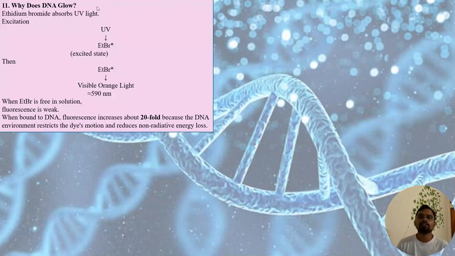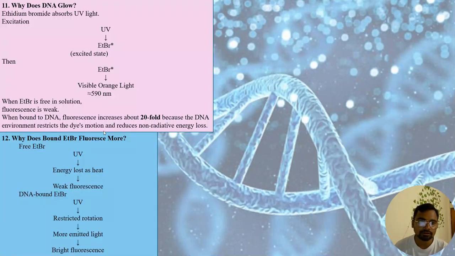So how does our DNA glow? Ethidium bromide absorbs the UV light, goes to an excited state, and is visible as orange light at 590 nanometers. Free ethidium bromide in solution has weak fluorescence. When bound to DNA, the fluorescence intensity increases about 20 times.